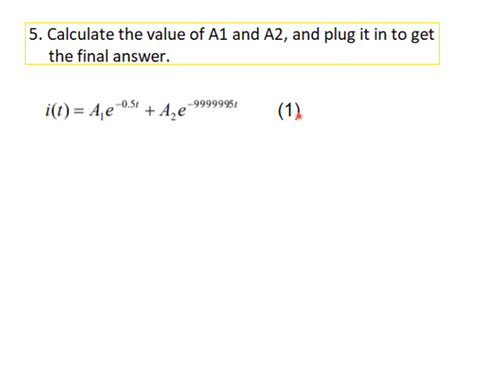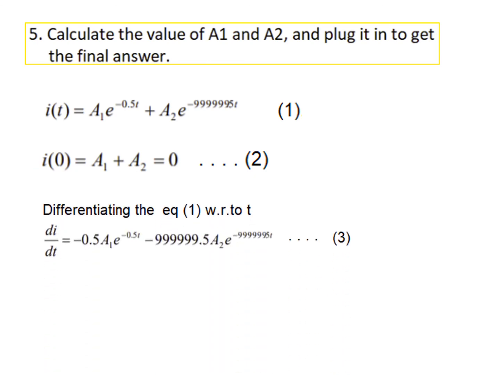So in the general equation, we put t equal to 0 to get the first equation. Then we get this equation, and I0 was equal to 0, which we had calculated earlier, or it was given already. So we put this equal to 0. And then the other equation is found by differentiating this.